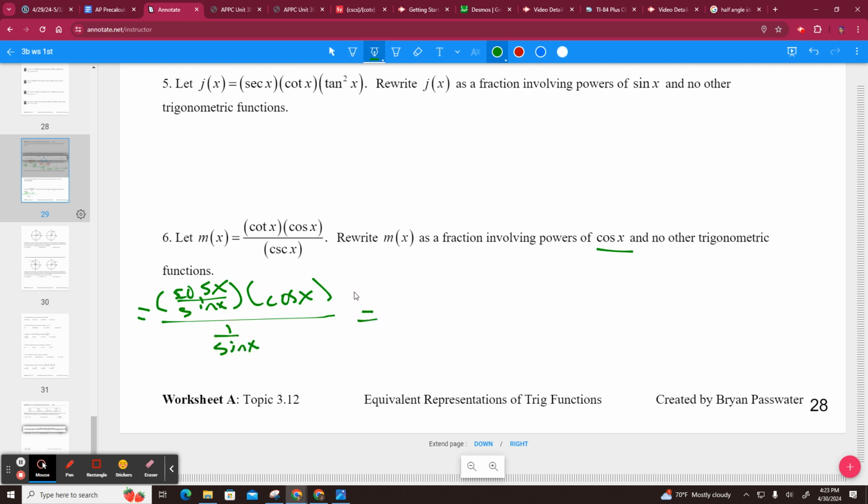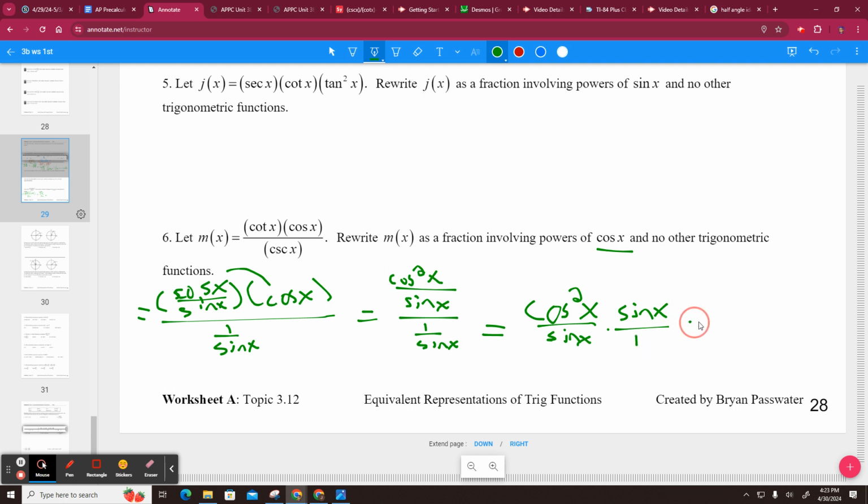So on the numerator, I'm going to multiply these cosines together and get cosine squared x over sine x, and then 1 over sine x, which if I keep change flip that gives me cosine squared x over sine x times sine x over 1. The sines will cancel out, and I'm left with cosine squared.